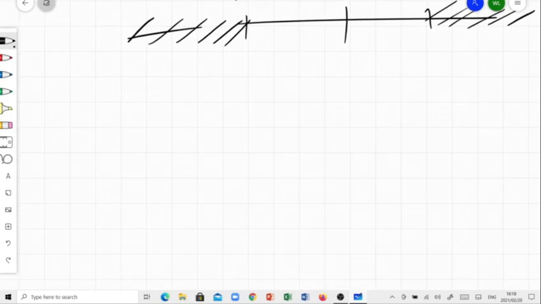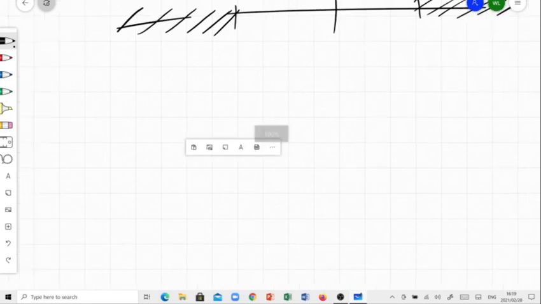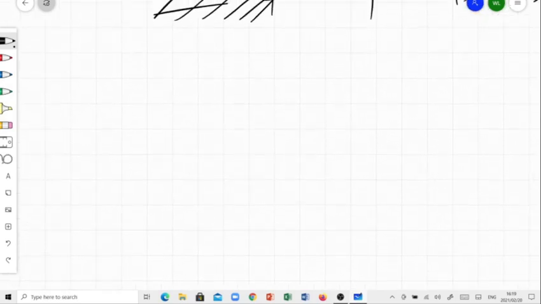Now, keeping in mind this idea, the power of geometry is that it allows you to solve more complicated types of equations involving absolute values. So for example, let's look at this next question.